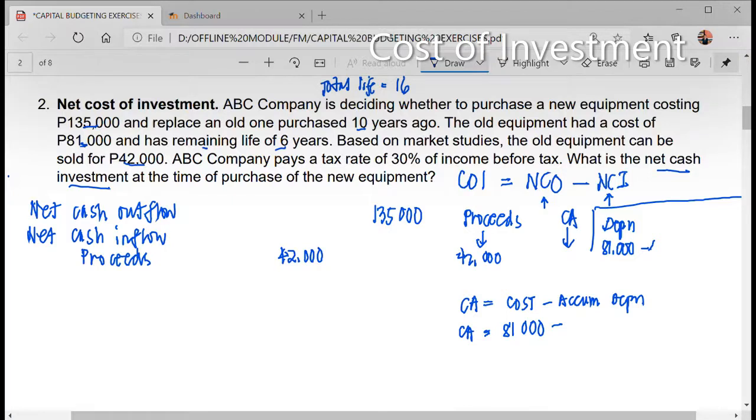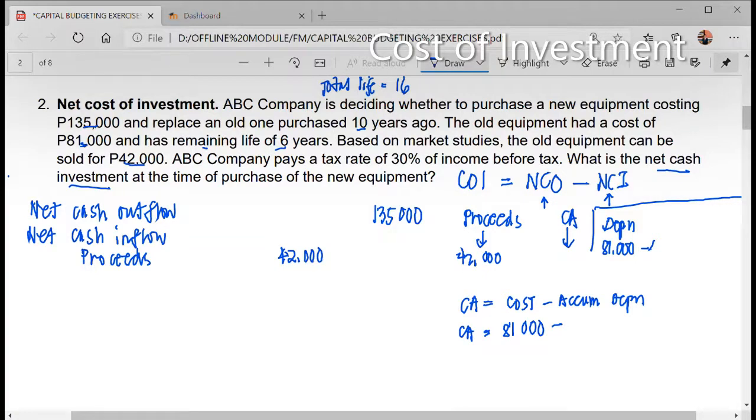Remember, the total life is 16 years and our accumulated depreciation would be equivalent to the total depreciation for the past 10 years. But there is a shortcut way to get the carrying amount right away. So let's use first the long form.